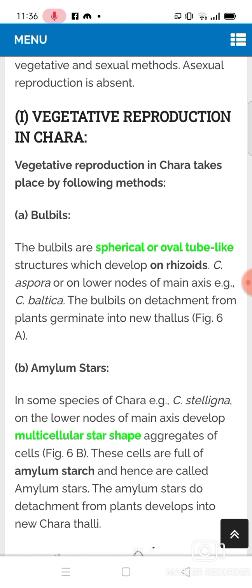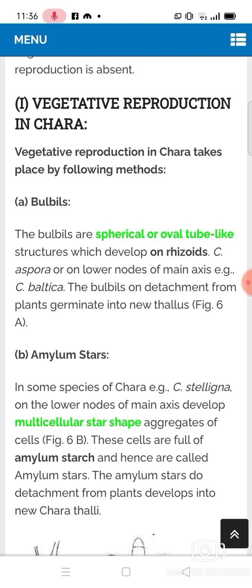The first method is by means of bulbils. Now what are bulbils? Bulbils are basically just like potato tubers. As you might have seen, the buds in potatoes, when they get detached from the parent plant, develop into a new individual.